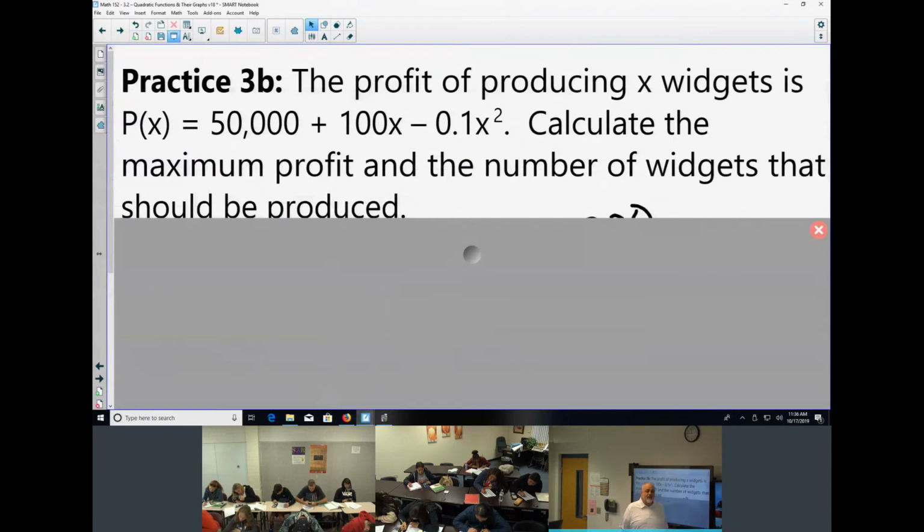All right, so Madison, which way are you doing? Are you doing it with the calculator or the negative b over 2a? Okay, let's see. Negative b over 2a. Okay, so what did you get when you did negative b over 2a?